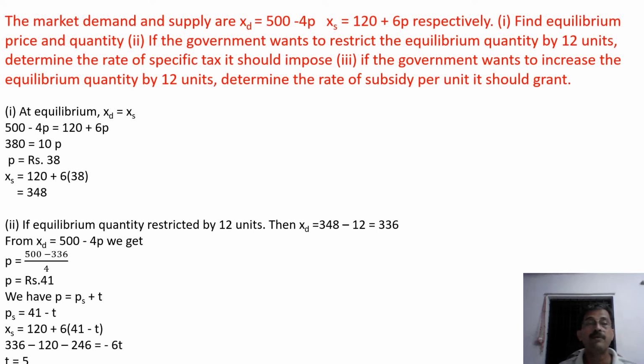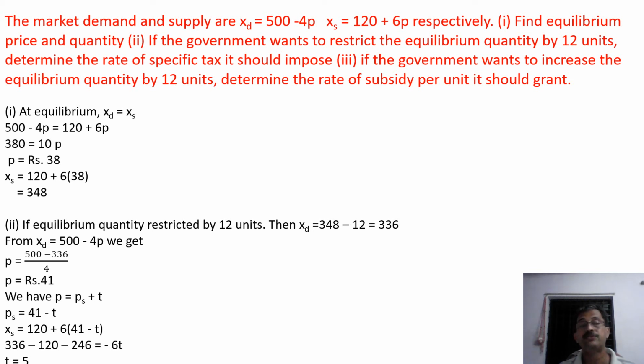We have one more problem. The market demand and supply are xd is equal to 500 minus 4p and xs is equal to 120 plus 6p respectively. Find the equilibrium price and quantity. If the government wants to restrict the equilibrium quantity by 12 units, determine the rate of specific tax it should impose.